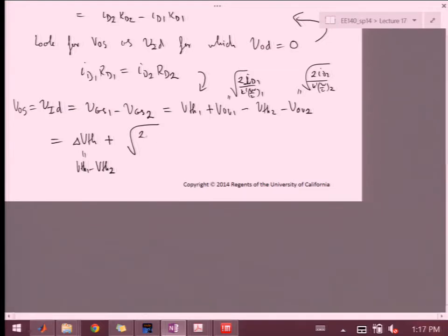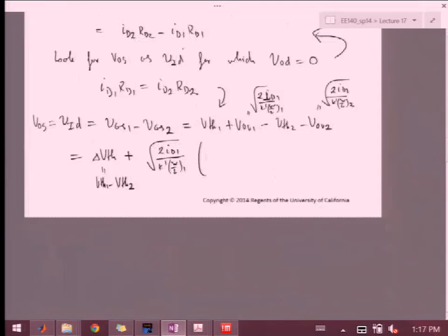So we'll write 2 ID1 over K prime W over L1, and then in the bracket, we're going to have 1 minus RD1 over RD2.